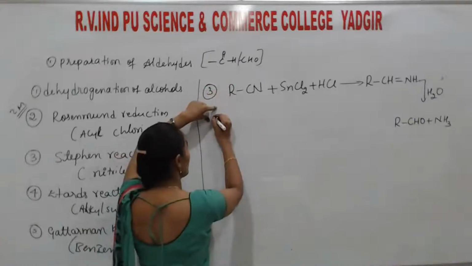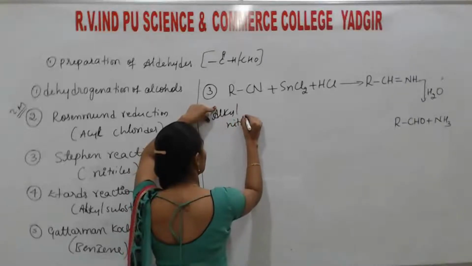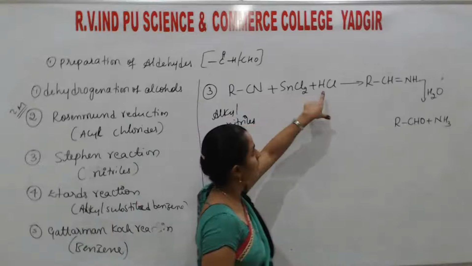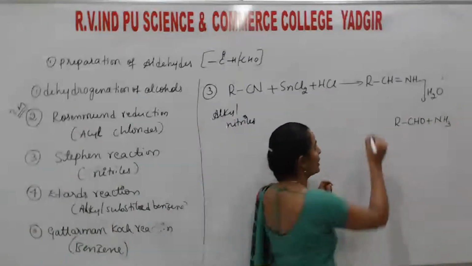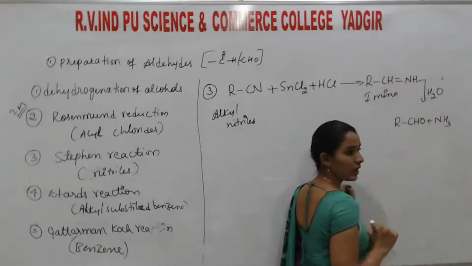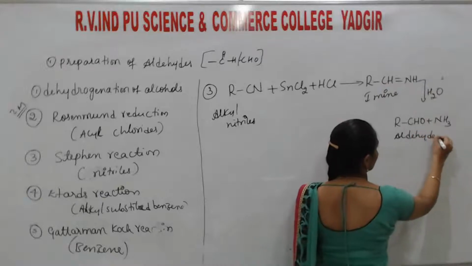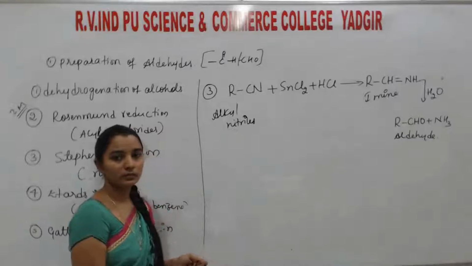What are these compounds called? Alkyl nitriles. Okay, stannous chloride, HCl, they form imine. This imine undergoes hydrolysis and forms aldehyde. Understand?